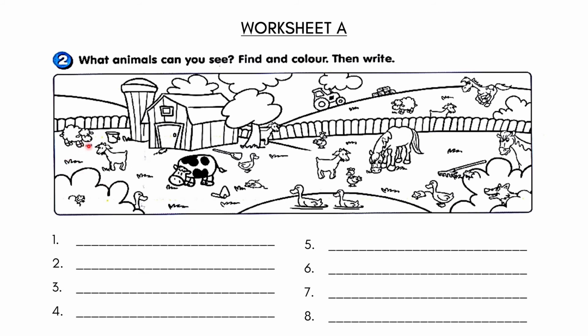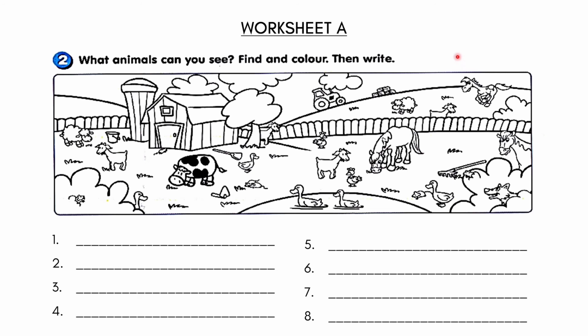What is this? Sheep. Yes, you have a lot of sheep here. Not a lot, but you have some sheep here. What else? Goat. That's right. Cow, mouse, duck, and also a horse. That's right.